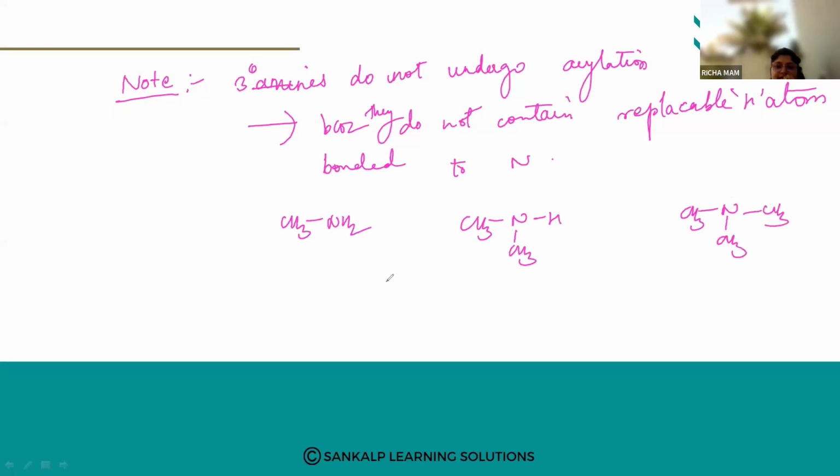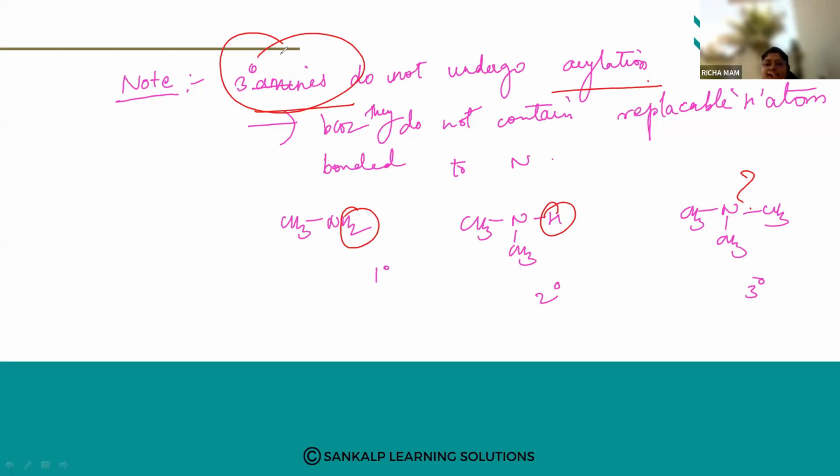Here you can see there are two replaceable hydrogen atoms, here one, and here there is no replaceable hydrogen atom. Because of this, tertiary amines do not undergo acylation. Understood? Is it clear?